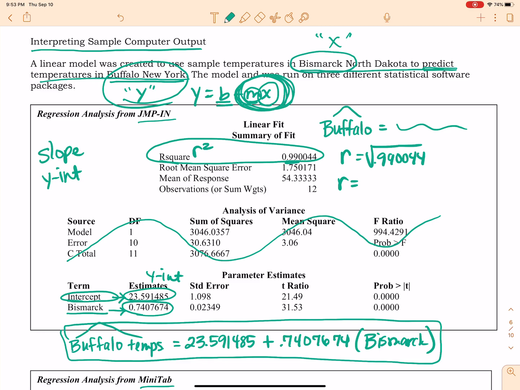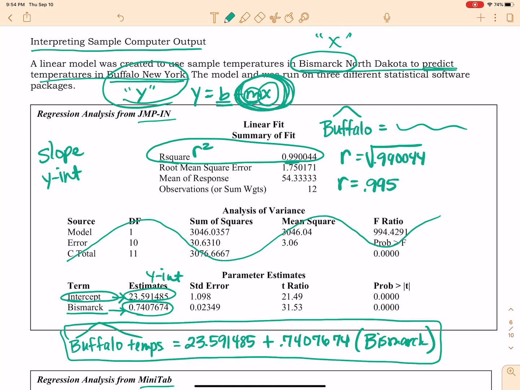So r is, let me get my handy dandy calculator, and we will just figure that out. 0.990044 square root is 0.995 and some zeros.